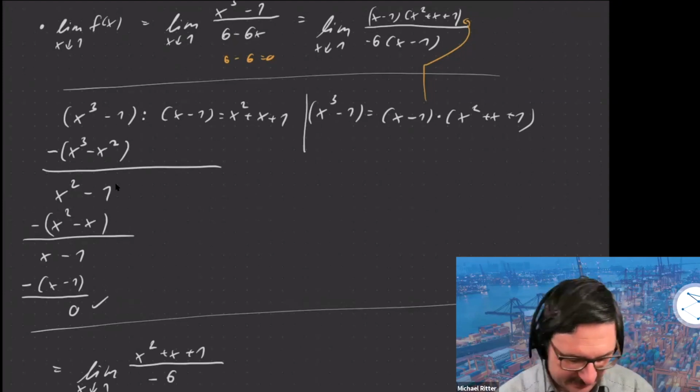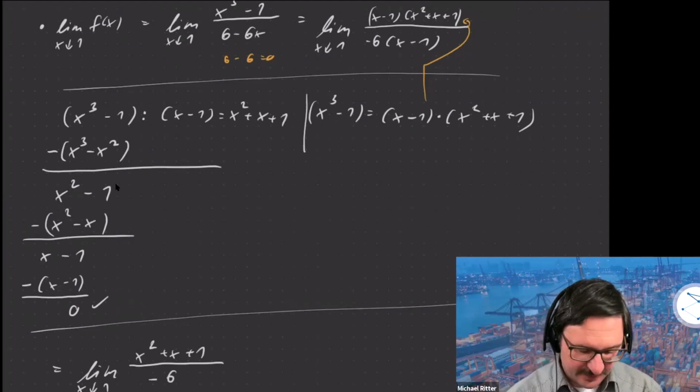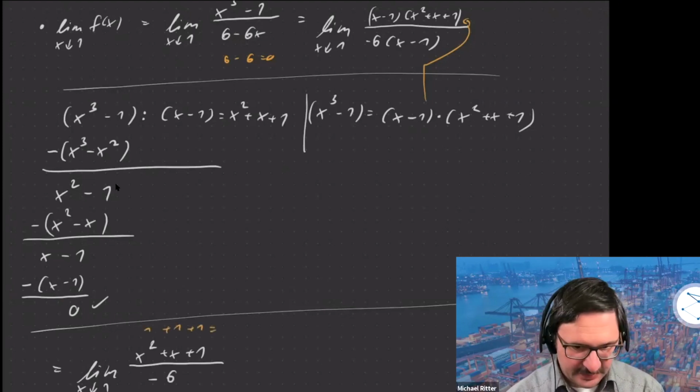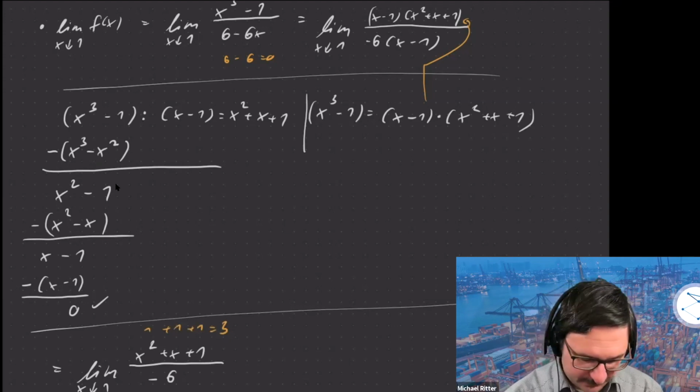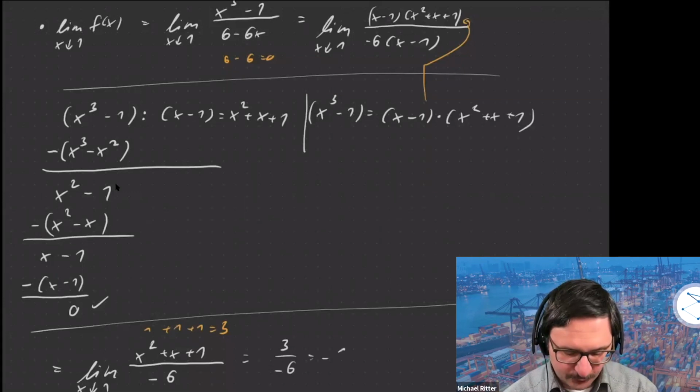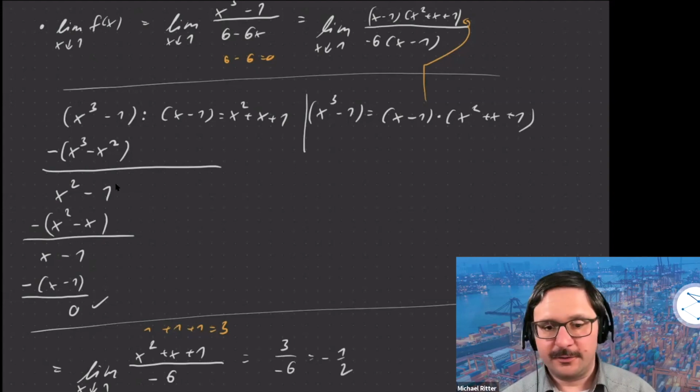And now if we let x tend to 1, that will only involve the numerator. So that will tend to 1 plus 1 plus 1, which is 3. So we get 3 over minus 6, or minus 1 over 2 as our limit.